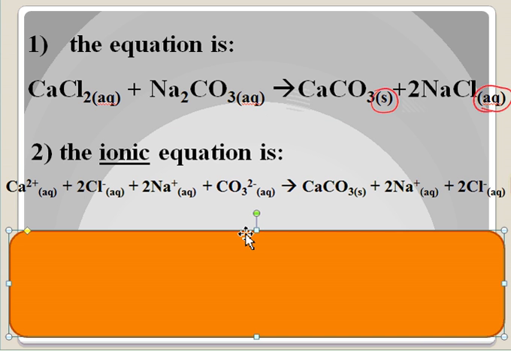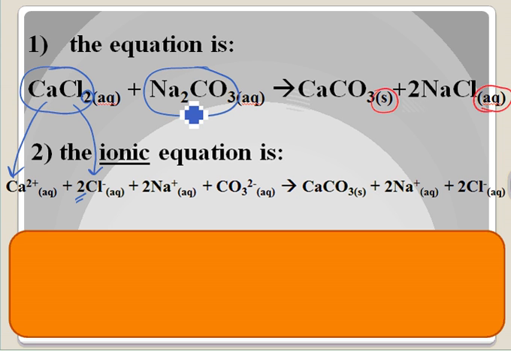The next step is to break apart this equation into its ions. So if we take this right here, we have calcium chloride. We know calcium is Ca2 positive. We have 2 chloride ions. Now let's move on to the next one. We have 2 sodium ions, and we have 1 carbonate ion.